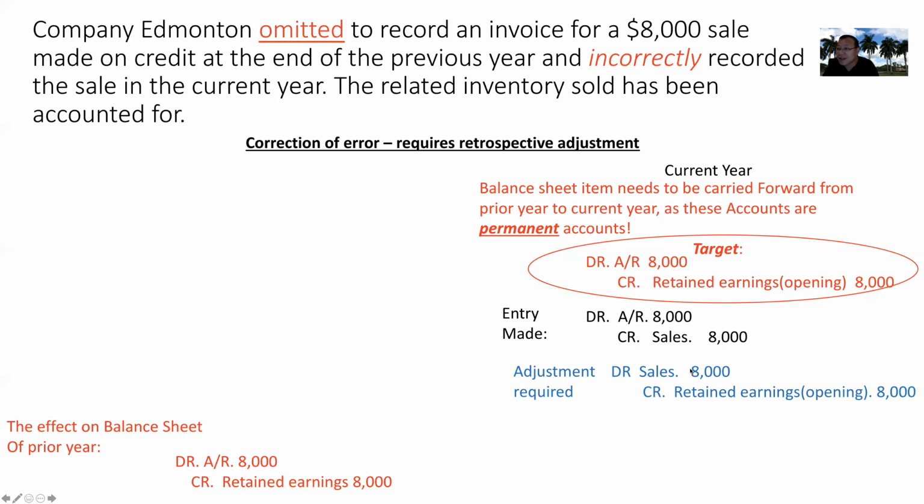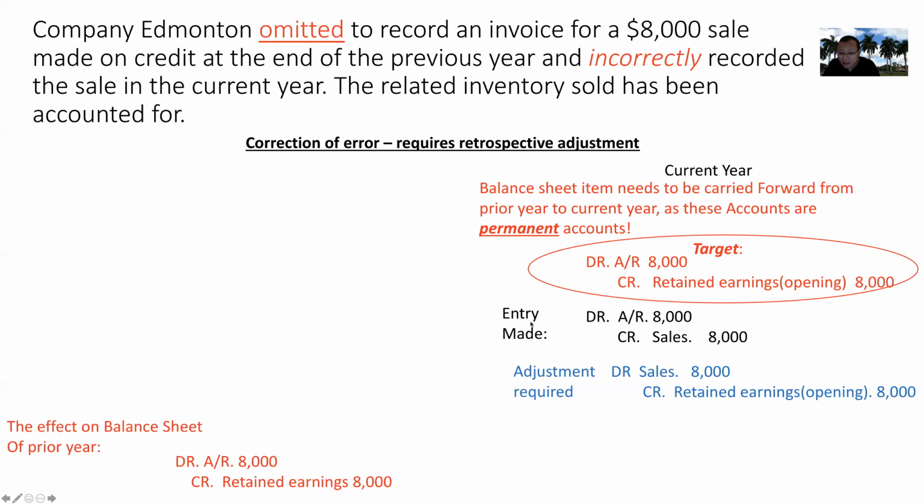This sales is not in the current year; it's in the previous year. So I need to reverse this sales entry. I debit sales, okay? And I need an adjustment to the opening retained earnings balance. So I credit retained earnings opening balance for 8,000.